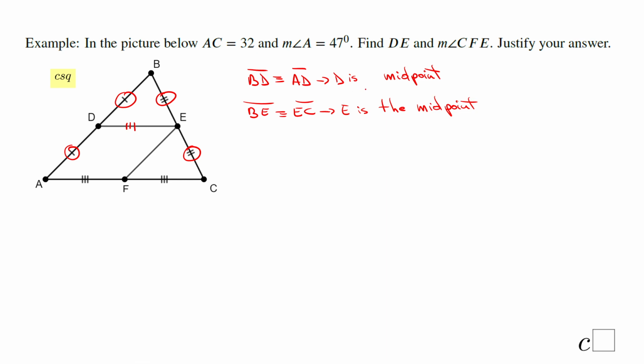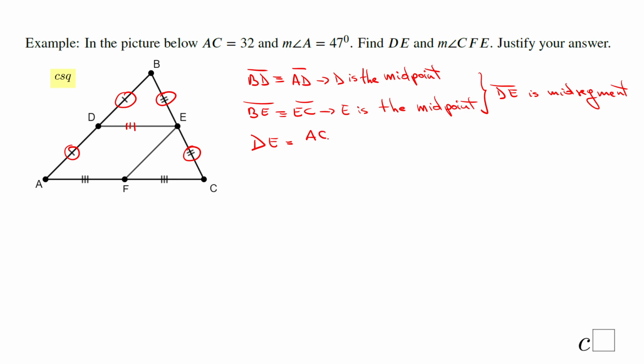So now what do we know? If we have these two midpoints, then DE is the mid-segment. So this is kind of a justification of what I'm going to do now, because now DE will be half of AC.